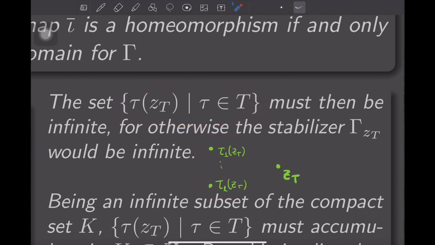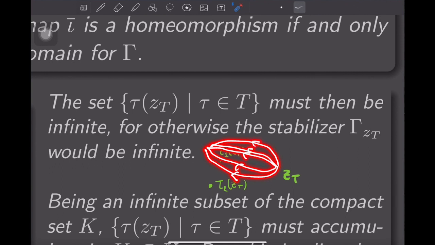On the other hand, T is infinite, and whenever I apply anything in T to this point, I land in one of these. So if these were finite, there would be one of them for which infinitely many elements in T take Z T there. So here there would be infinitely many.